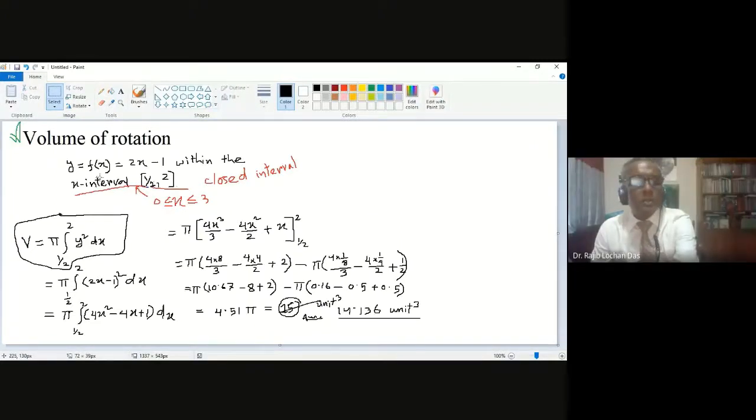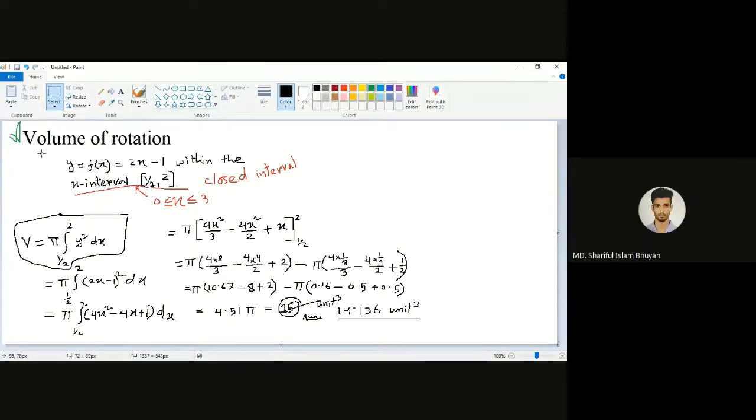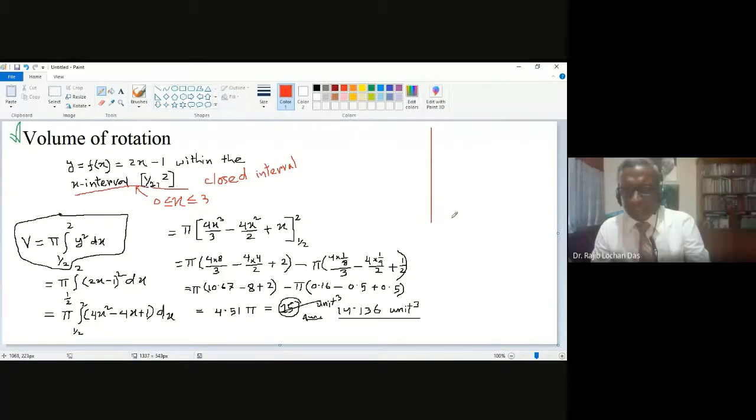Tell me again. Sir, if we put y-axis as a middle, will there be a change in the formula? Y equal to what? What is your function you are saying?